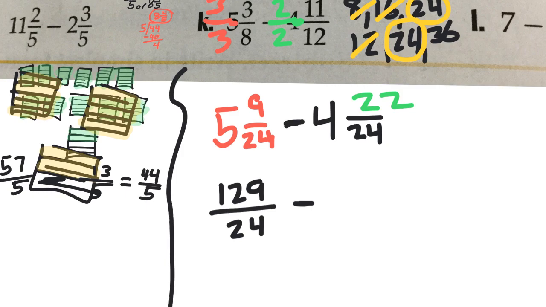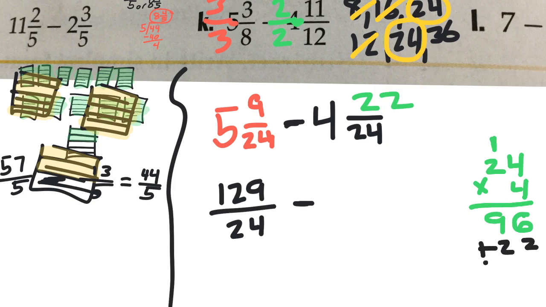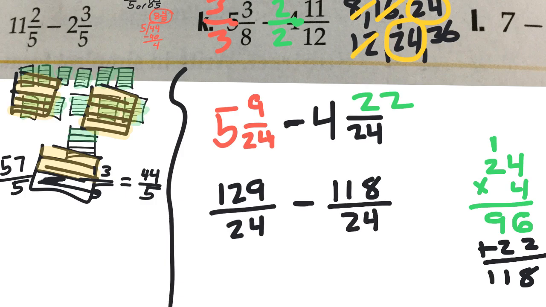So let's go over here on the side and do it. 24 times 4. 4 times 4 is 16. Carry the 1. 4 times 2 is 8. 8 plus 1 is 9. So 4 times 24 is 96. Then 96 plus 22 is 118. So this should be 118 over 24.